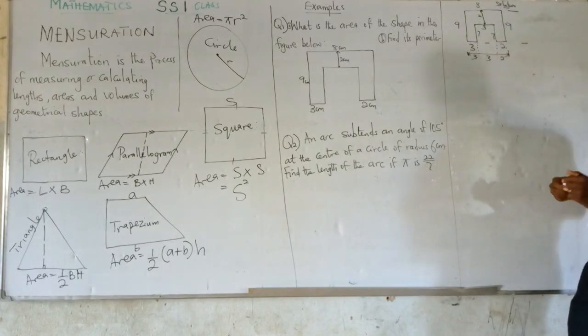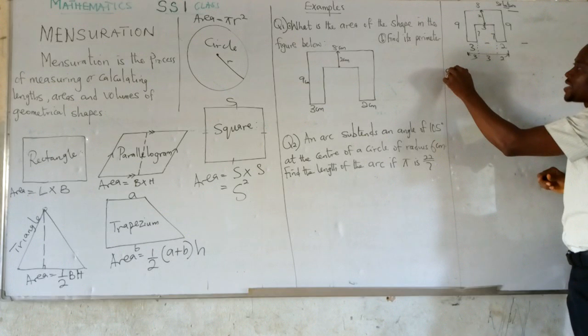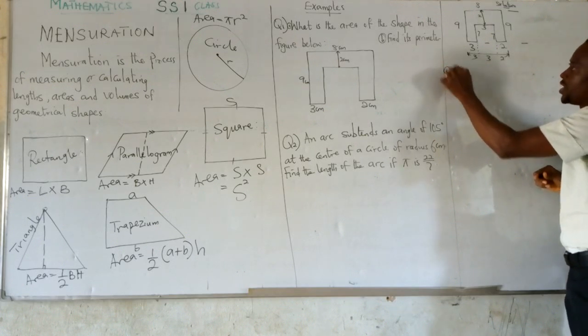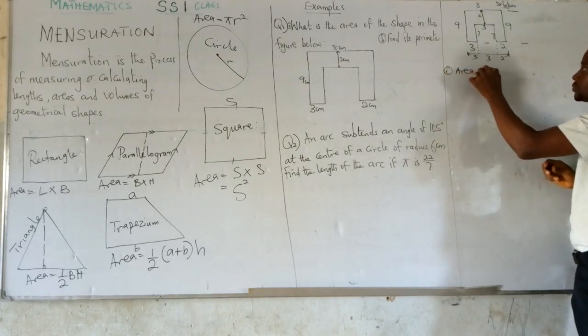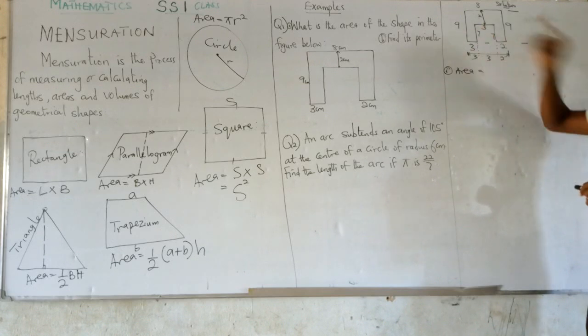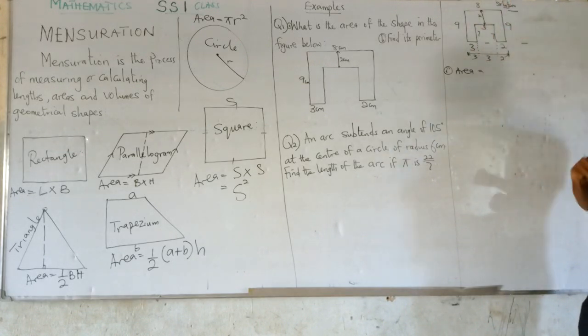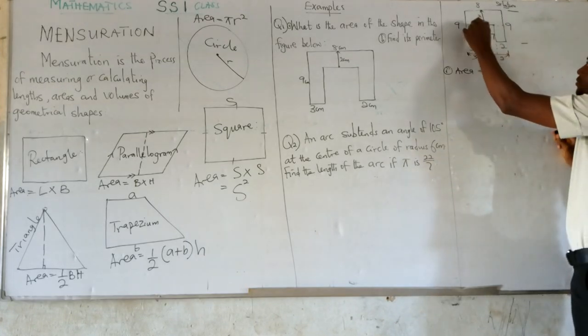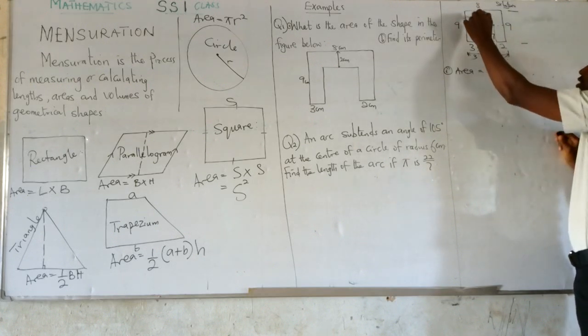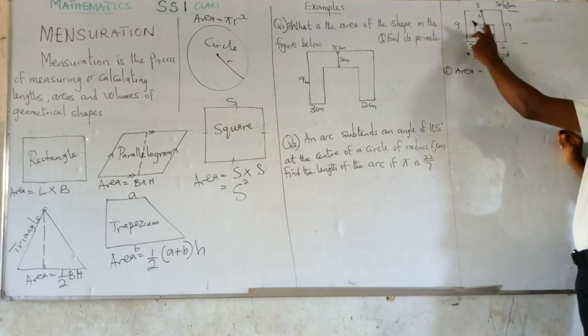Then we can now proceed to the first question, the area. This shape, if you look at it very well, we just have to divide it into different shapes. We can decide to cut it like this, so that we have 1, 2, 3.